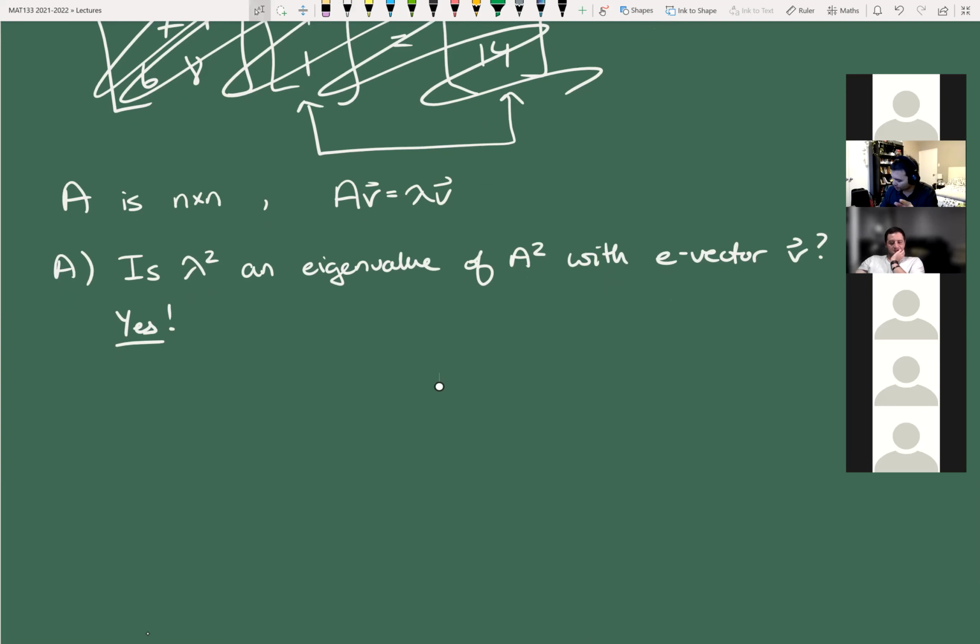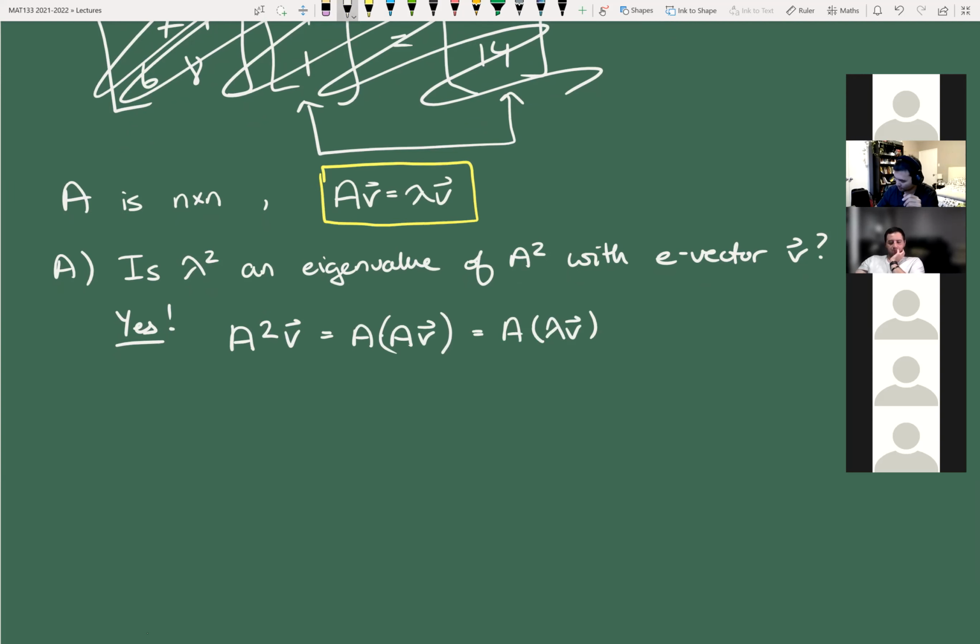And so the reason for this is that A squared V is equal to A times AV. Do you agree, right? Because A squared is A times A. Now, AV is equal to lambda V, right? That's this equation. And I can pull the lambda outside.